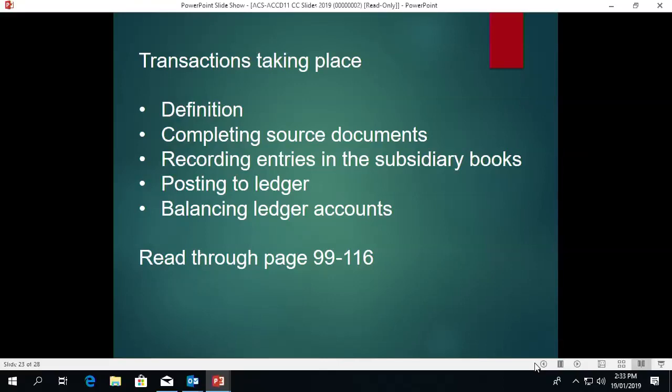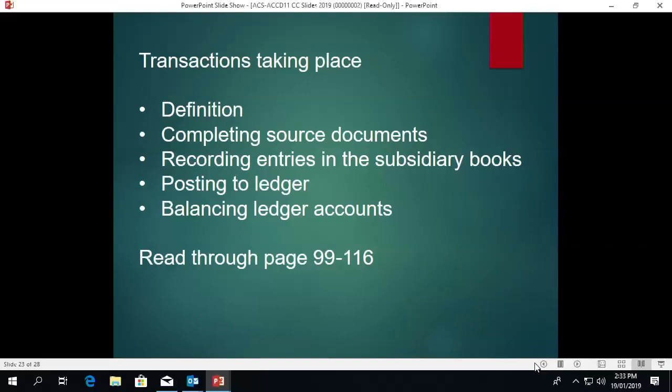And then it's very important that you know where to record in the books. Because sometimes they give you mixed transactions, and then out of the mixed transactions, they ask you to draw up a cash book, draw up a debtors journal, draw up a creditors journal, draw up a general journal, and then you do the posting to the general ledger.